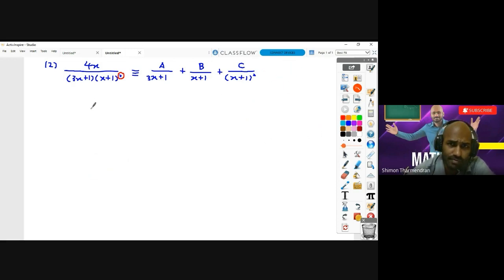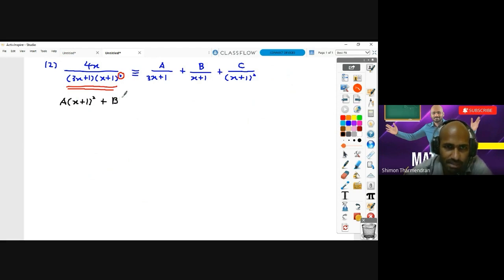Now how do we find the common denominator? Untuk cari common denominator, sentiasa kena tengok soalan asal. Look back at this guy. This is the common denominator. And look at your A. A sudah ada 3x tambah 1. So A already got 3x plus 1. What is A missing? A doesn't have (x plus 1) squared. Tambah with, look at B. B already got an x plus 1. What is B missing?